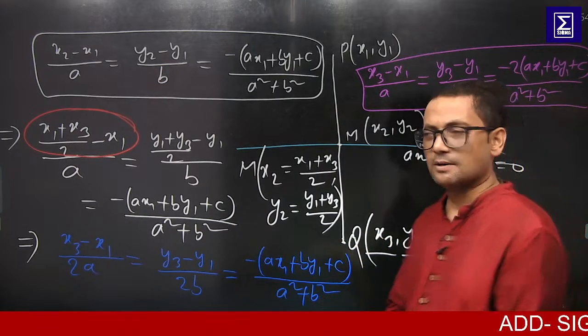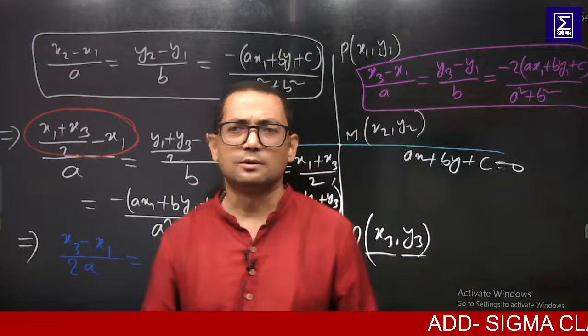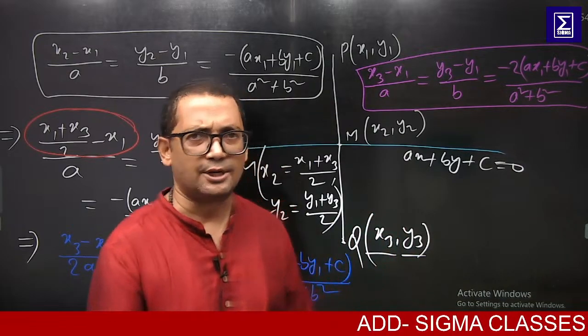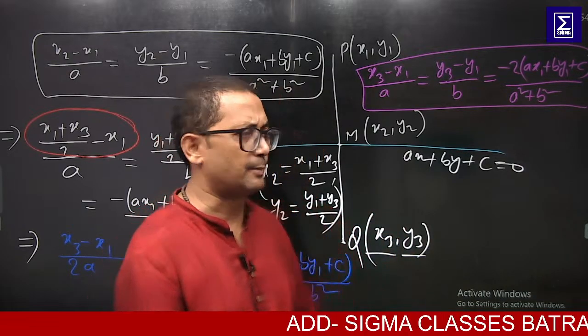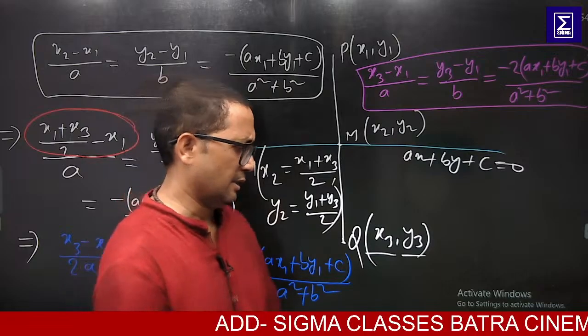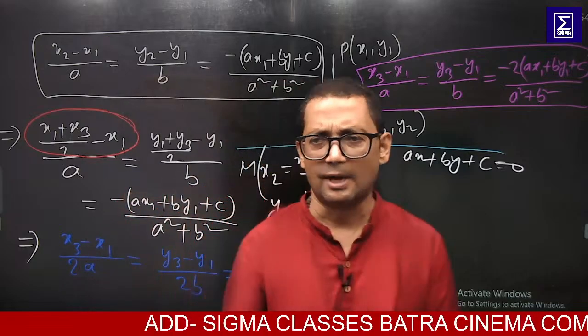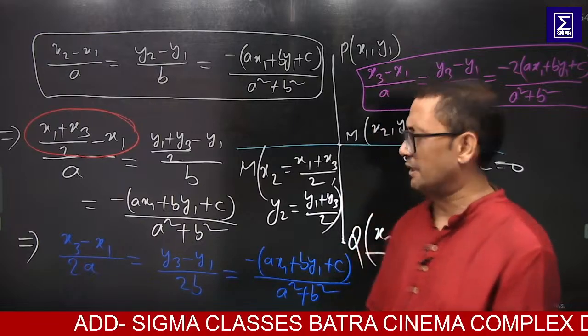So we have done almost 90% of straight lines, and the rest part like the angle bisectors and many other things we shall be discussing in the next class.